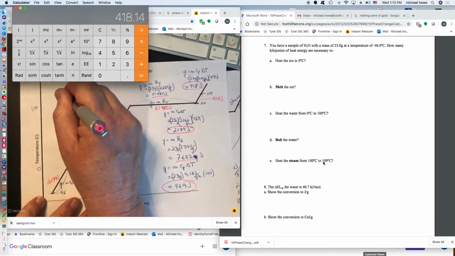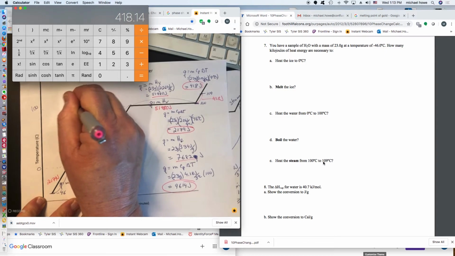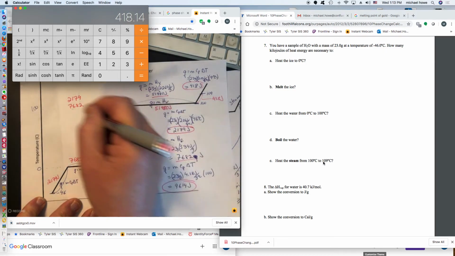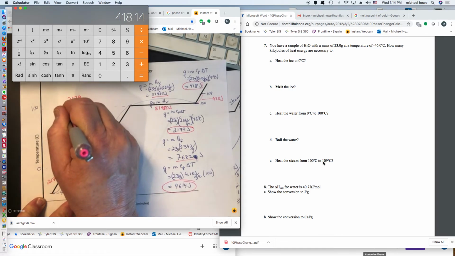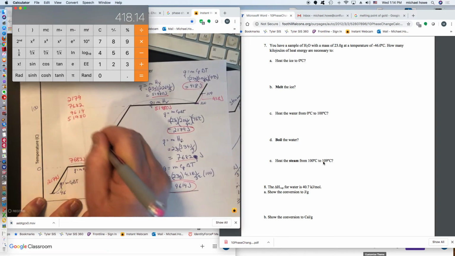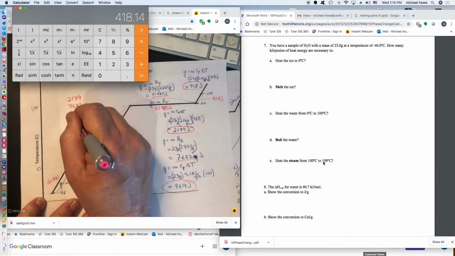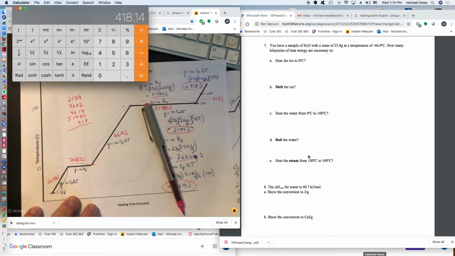So you'd have 2179, 7682, 9614, 51,980. That's the biggest by far. And then 418. So if you add those together, I'll just do it on a calculator and be lazy.